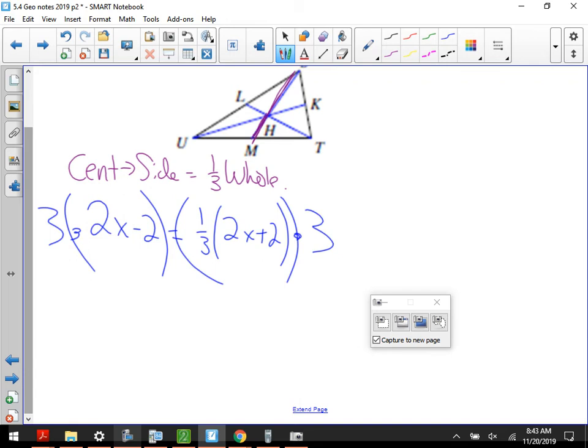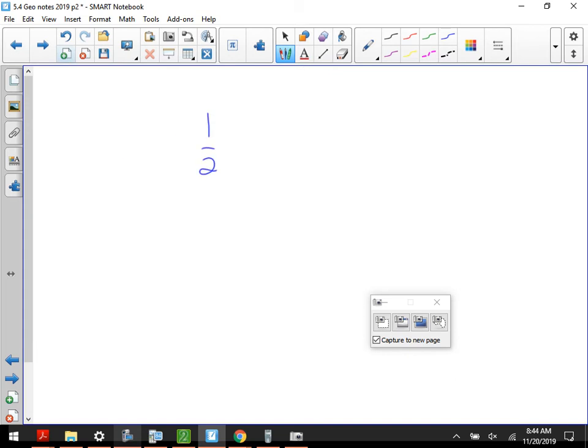You've done that when you had 1/2 of x equaling 8. How do you undo multiplying by a half? You multiply both sides by 2. It's the exact same thing, except you're multiplying by 3. That's it.